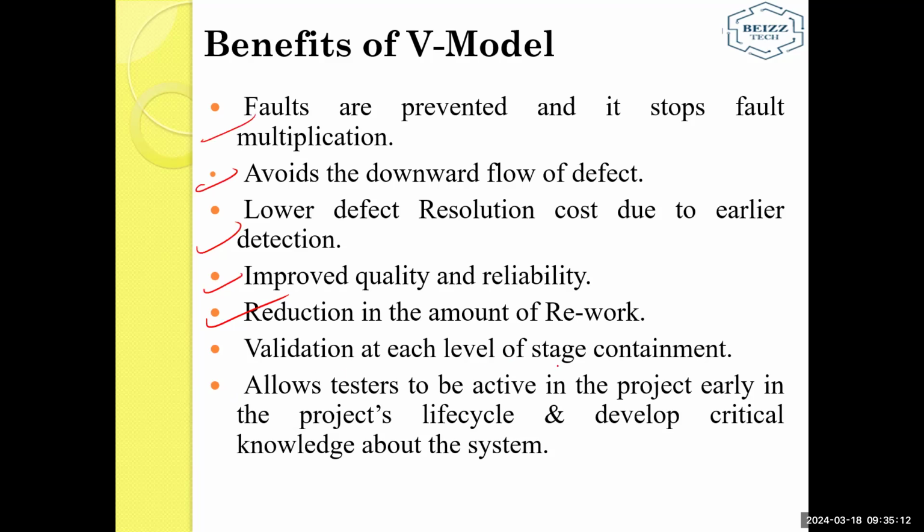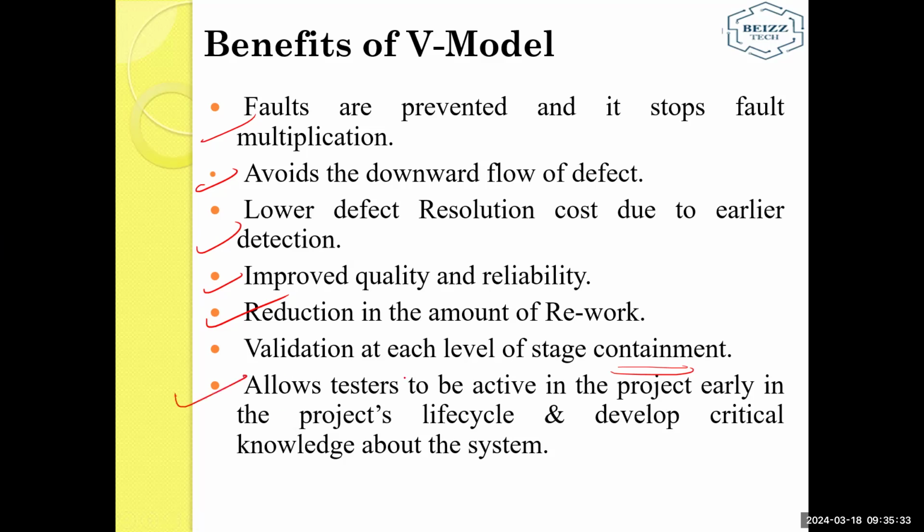Then validation at every stage of development: for every verification phase of development, we do testing. So we validate a software application at 4 levels. We have levels of testing in software testing: unit, integration, system, and user acceptance.